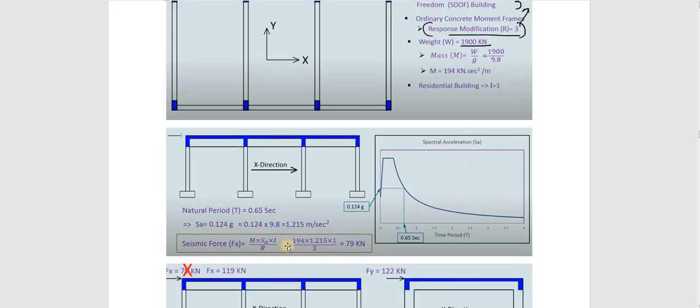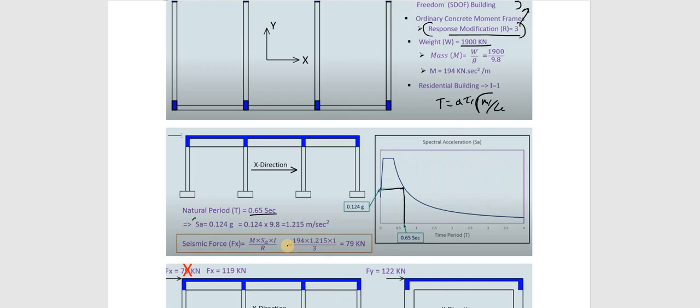Now the time period, by some analysis I can find out the time period. You know that the time period is equal to 2 pi into root of m by k. If I have the mass and k, I can easily find out the time period. Let the time period be, as an example only, 0.65 seconds. For 0.65 seconds, I can find out the value of SA.